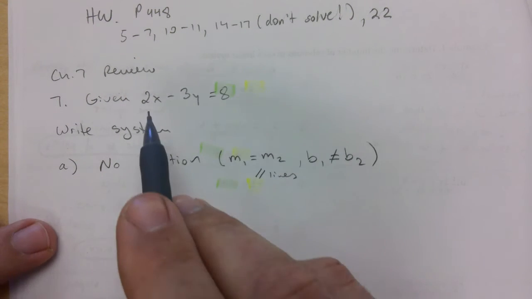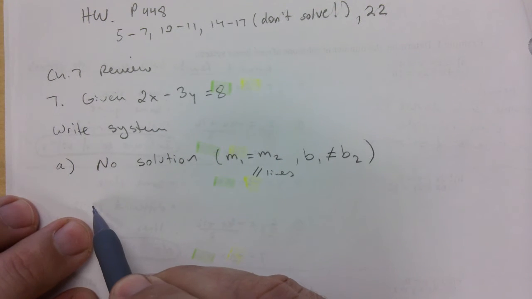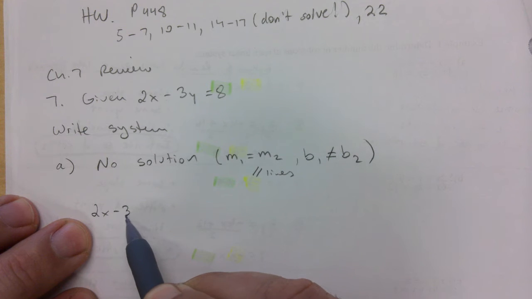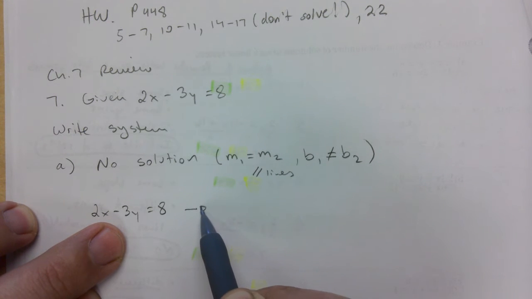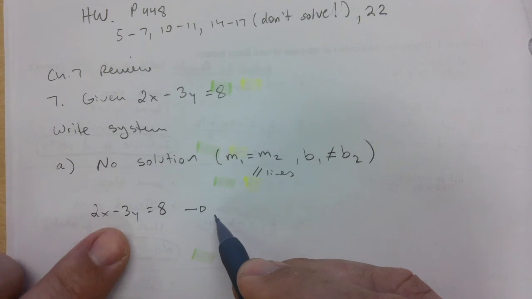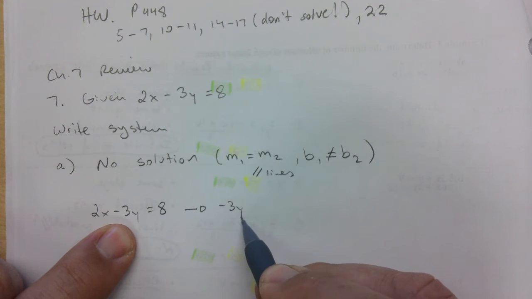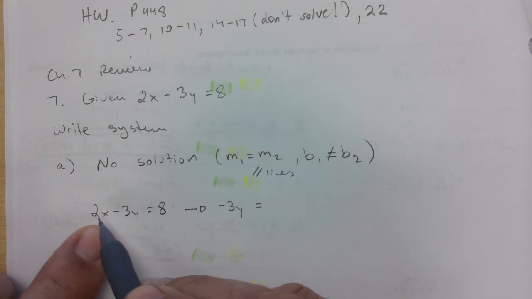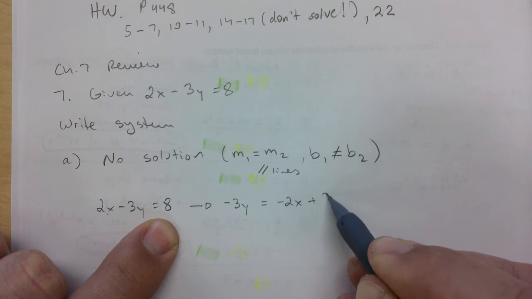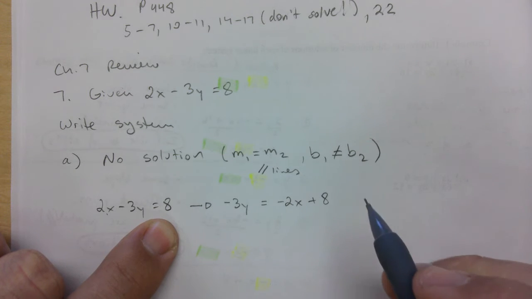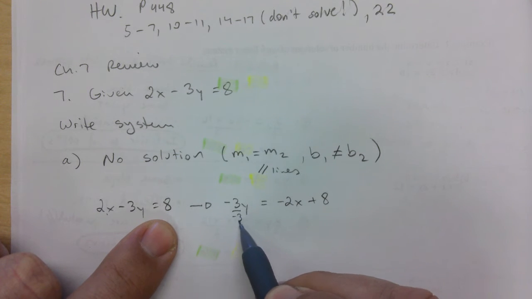Okay, so let's take the first one. So 2x minus 3y is equal to 8. I will rewrite it, and I'll just go arrow, not equal sign, and the negative 3y stays. The 2x comes over, so it's negative 2x plus 8. Then I divide everything by negative 3.